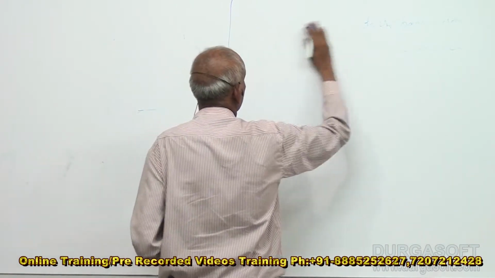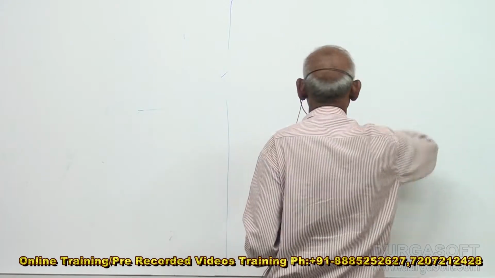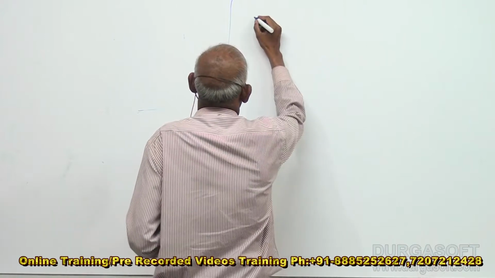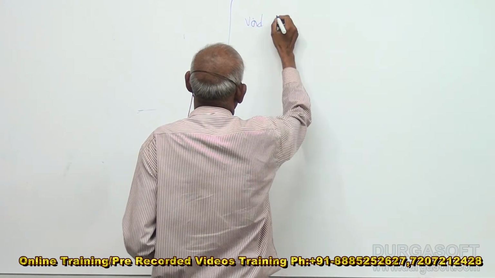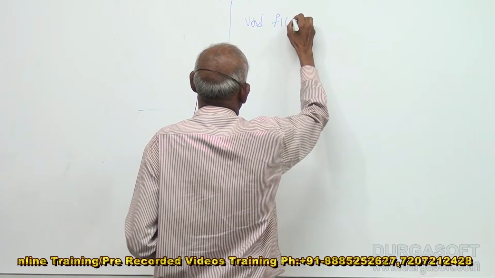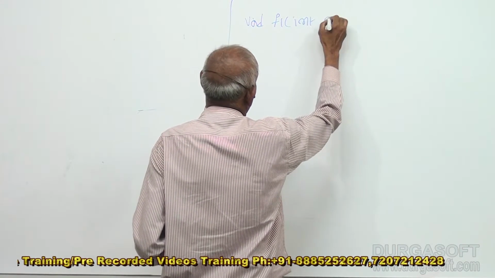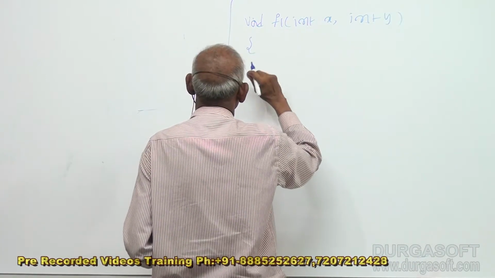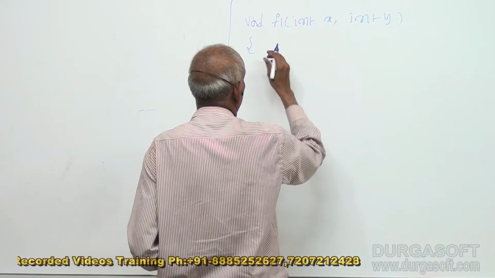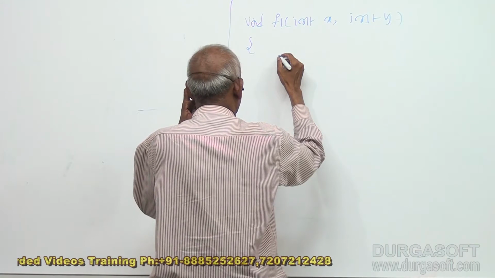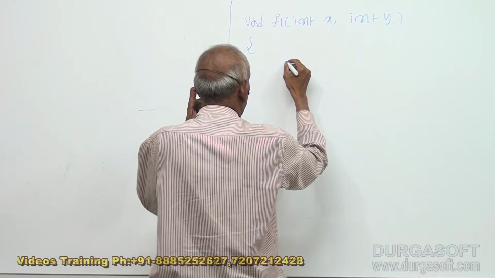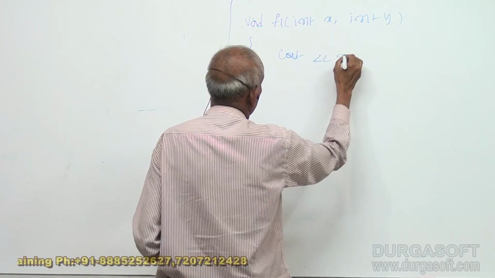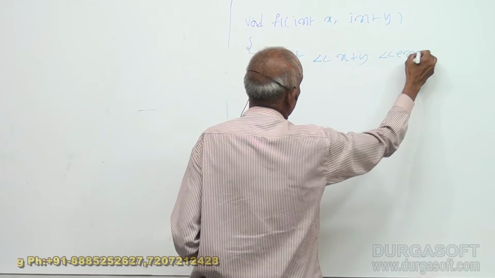There is a function void f1, which takes two integers x, y and displays their sum. cout x plus y endl.